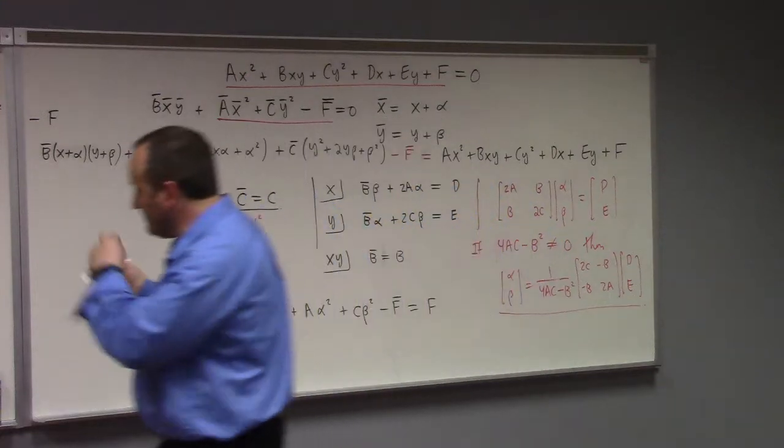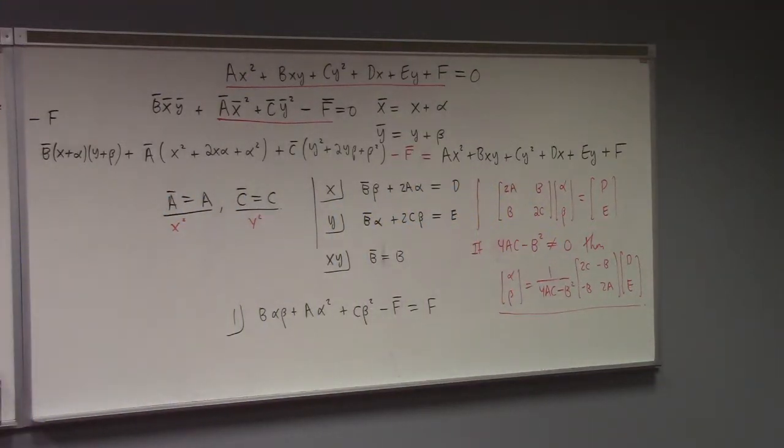Let me summarize what we've shown. If b squared minus 4ac is not equal to 0, then the equation can be rewritten in the form a times (x minus alpha) squared plus b times (x minus alpha) times (y minus beta) plus c times (y minus beta) squared equals some constant, I'll call it f bar.